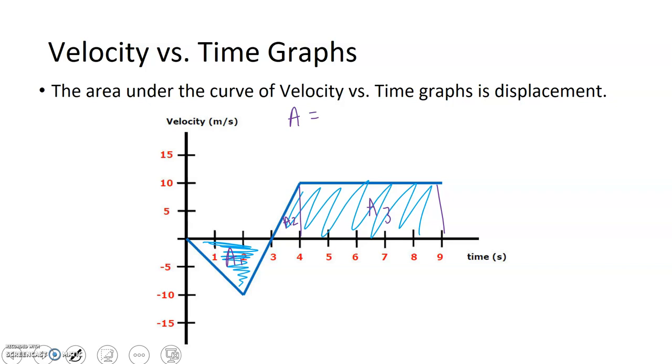It's important to remember that velocity and displacement are vector quantities, so the direction matters. Area 1 is beneath the x-axis with negative values, so this area is actually negative. If we were studying distance and speed, we would not include that negative.